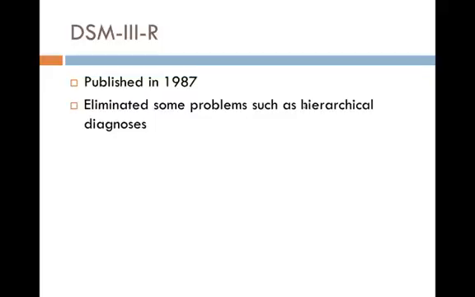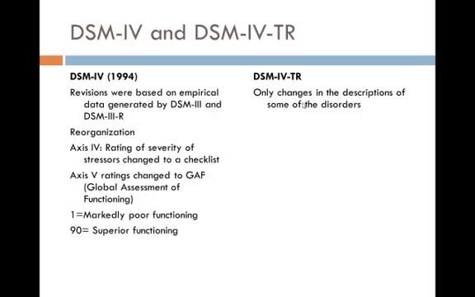So with the DSM-4 and the DSM-4-TR, the DSM-4 came about in 1994. Some of the revisions were based upon additional empirical data that was generated by the DSM-3 and the DSM-3R. It reorganized the DSM axes 4 and 5.